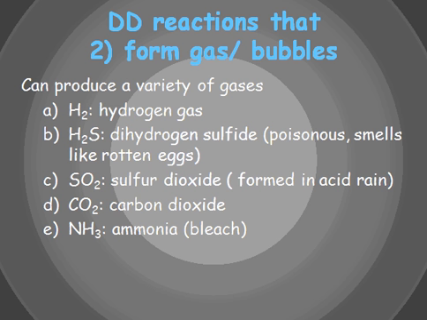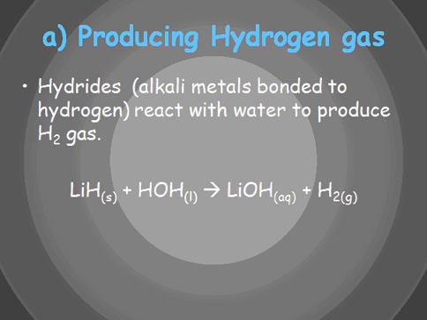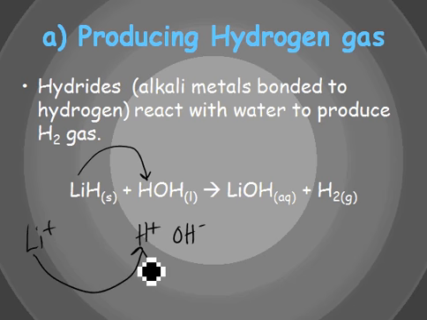Those are typical gases. An example of one producing hydrogen gas, okay, you have lithium hydride and water, and remember this is hydrogen and hydroxide, so the lithium ion will change places with the hydrogen, and that will give you lithium hydroxide.